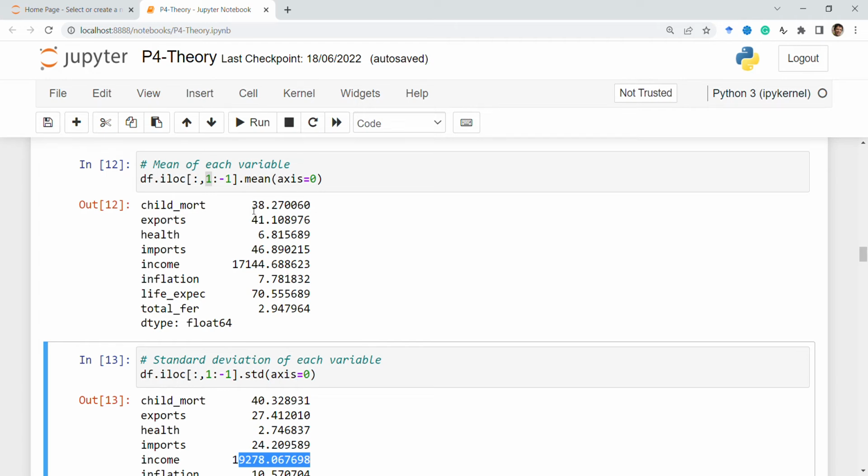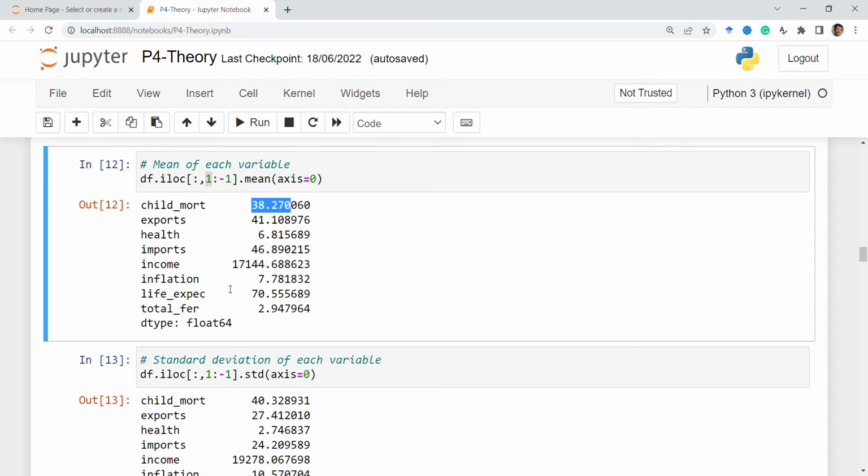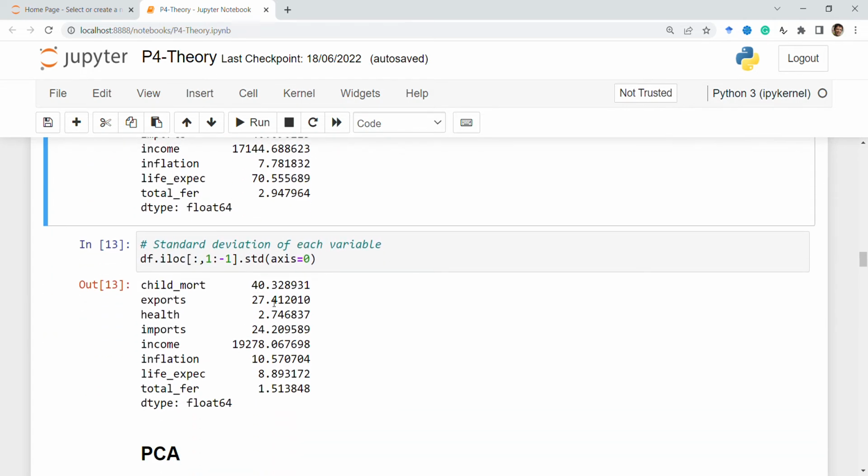So this is the covariance, and the correlation is that value divided by the standard deviation of x1 times the standard deviation of x2. So all these means and standard deviations play a central role in the calculation of the PCA.